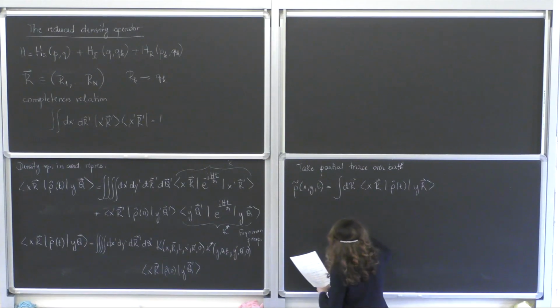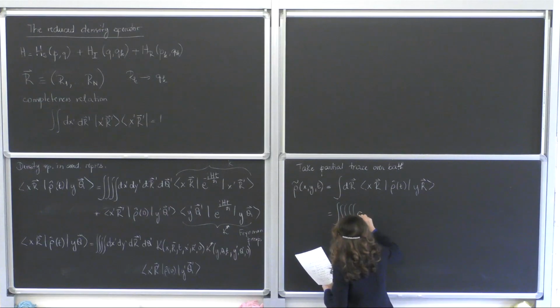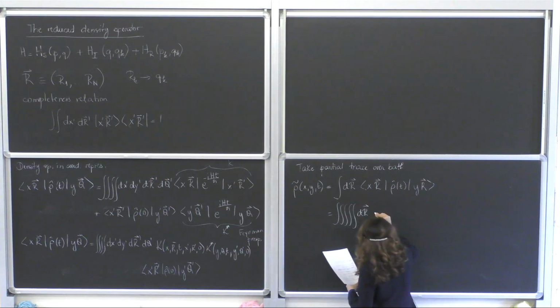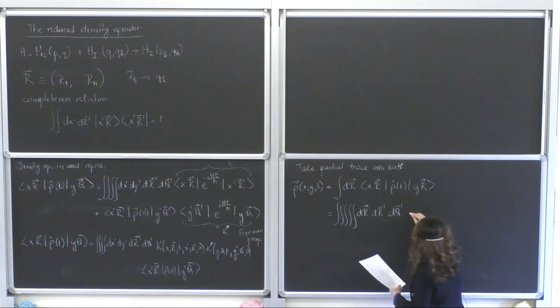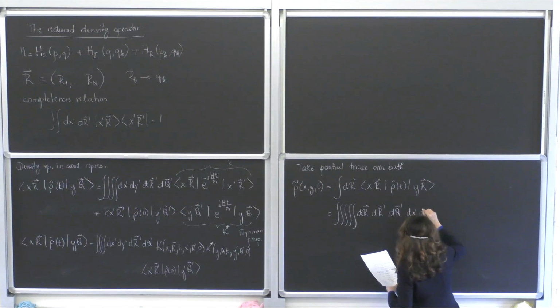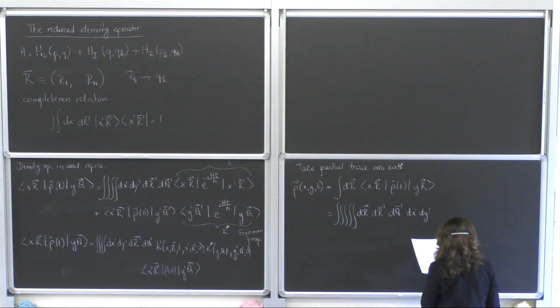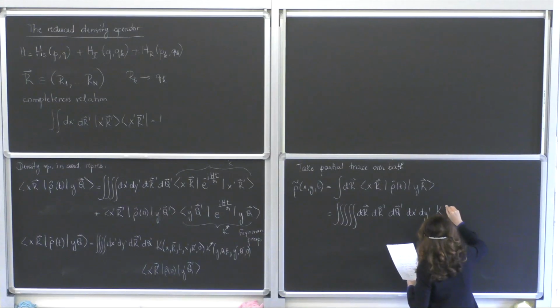So this is going to be nothing but now 5 integrals in R, R prime, Q prime. Those are for the reservoir, X prime and Y prime. And then I have these propagators.